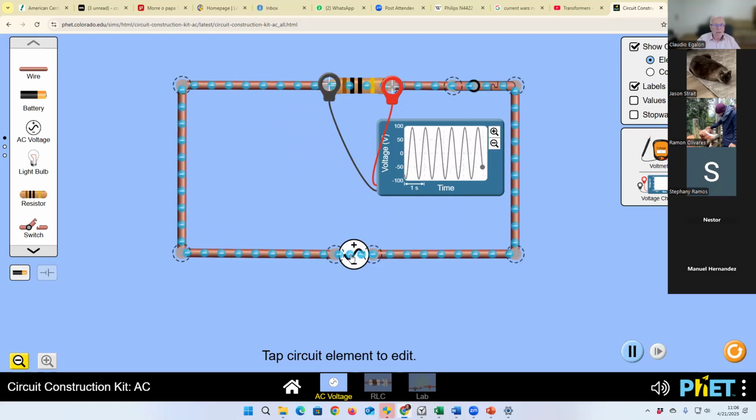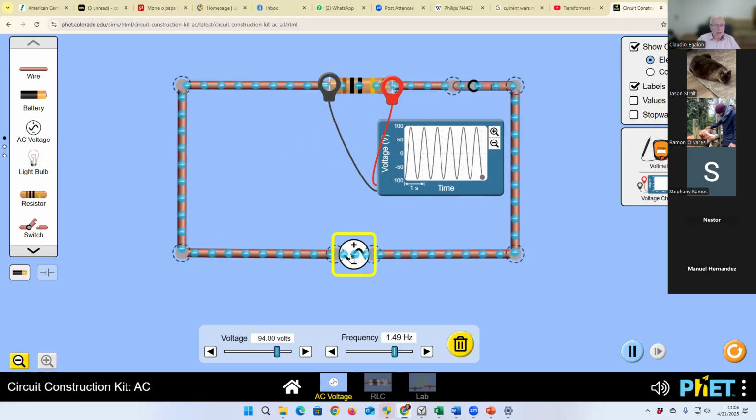We can adjust the frequency, we can adjust the voltage of the circuit. Let's decrease the frequency from 1.49 hertz to 0.62. Now the period is longer, right?